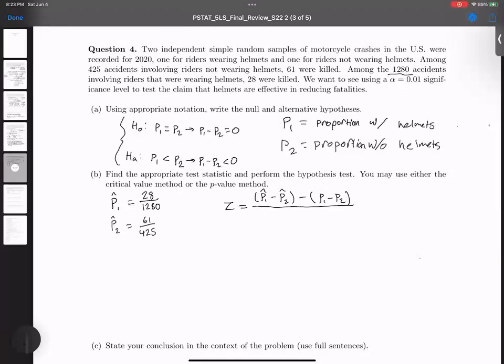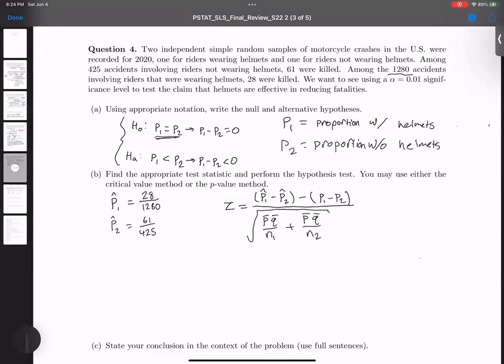And then when we're assuming that P1 equals P2, which is basically all the time with a null in these two sample proportion problems, we don't use P1 hat and P2 hat in the denominator. We instead use this thing, P bar Q bar over N1 plus P bar Q bar over N2.